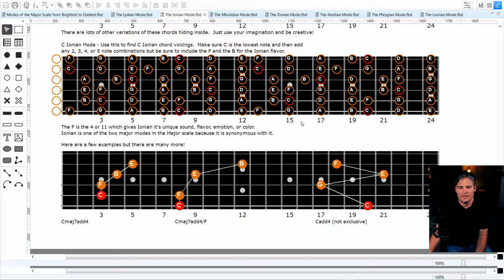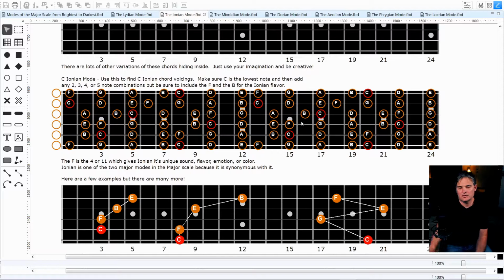Now to build a modal voicing from Ionian, you want to make sure to include the natural 4, or in this case the F, and the B. The reason for the B is because, if you compare Ionian to the next darkest mode, which is Mixolydian, Mixolydian has a flat 7.